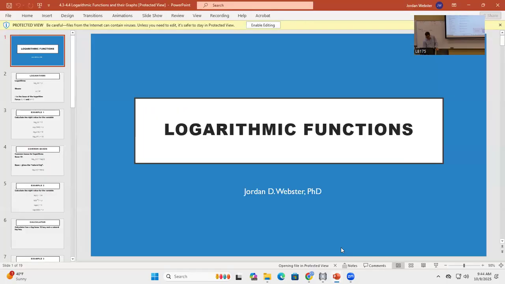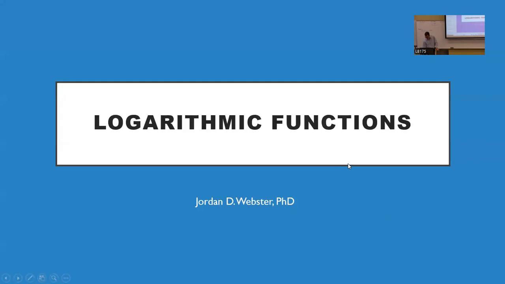So that's it for section 4.1 and 4.2. For those two sections, that's the whole of what we're covering in those two. Now in section 4.3 and 4.4, we deal with logarithmic functions.